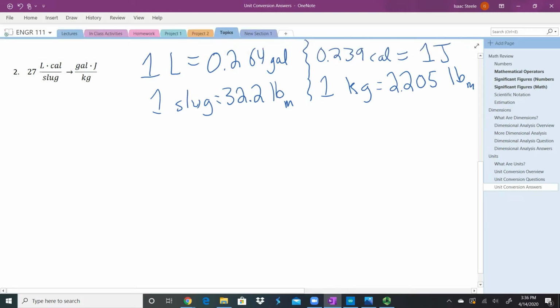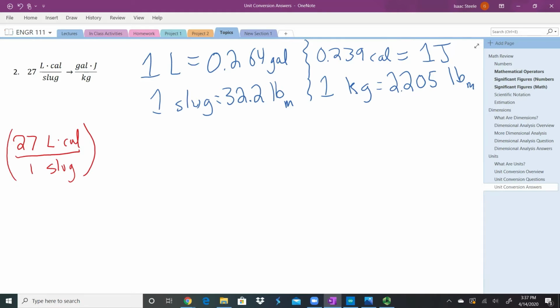So what I'm going to do is turn this into a fraction. I'm going to do 27 liter calories over 1 slug. And it really doesn't matter what I cancel out first. I can cancel the slug first, the calorie first, the liter first. I normally just start on the top and start on the left.